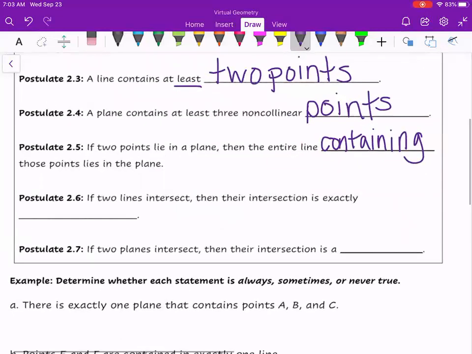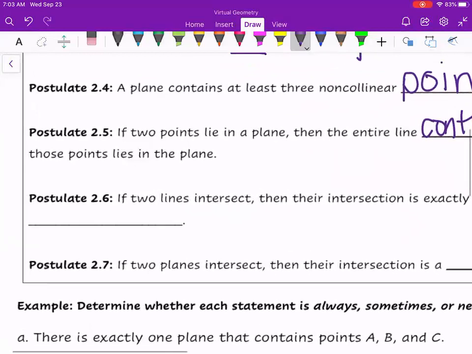Postulate 2.6 talks about lines intersecting. If 2 lines intersect, and the clue here is intersect, then their intersection is exactly 1 point. So if 2 lines intersect, they only do it at 1 point.